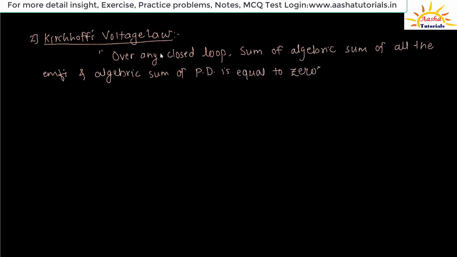So this is Kirchhoff's voltage law. Let me read it once again. It says: over any closed loop, the algebraic sum of all the EMFs and the algebraic sum of potential differences is equal to 0.